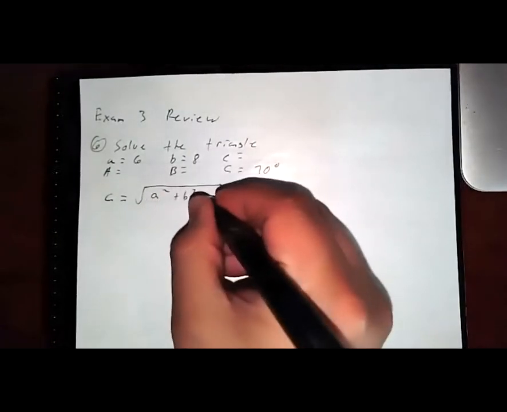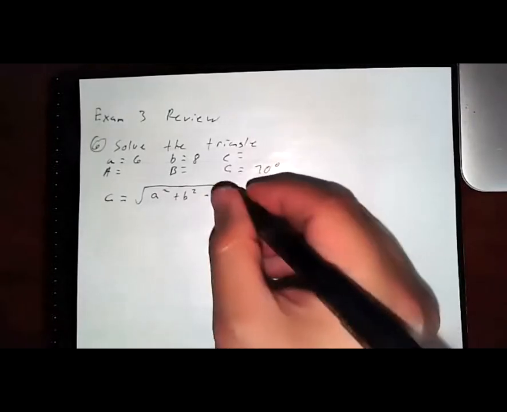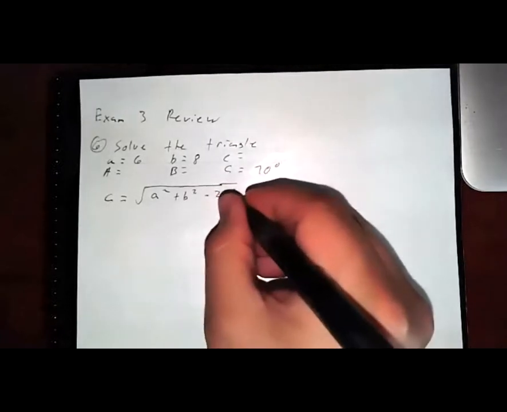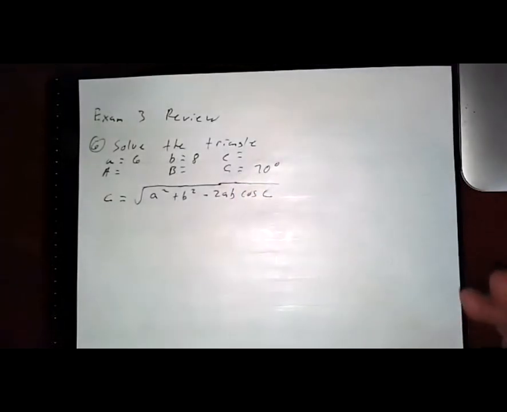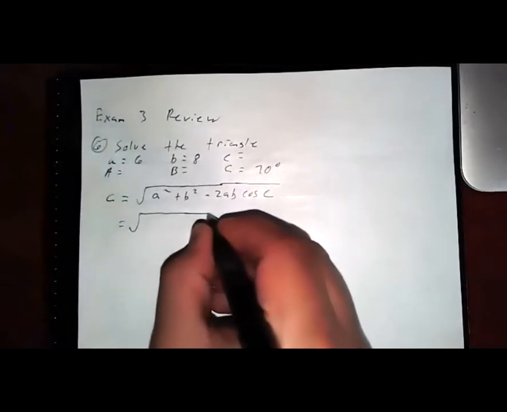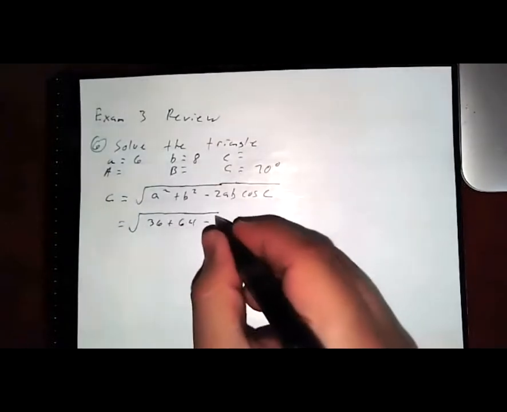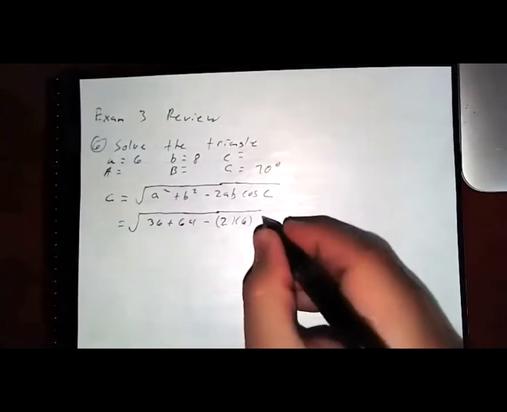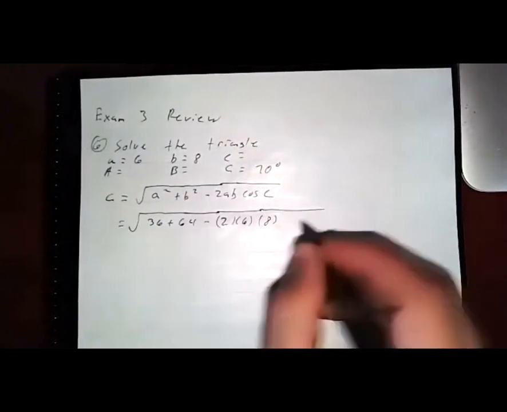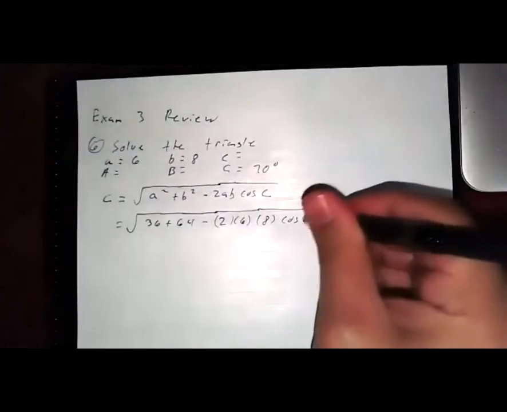So c is equal to the square root of a squared plus b squared minus 2ab cosine of C. That will be the square root of 36 plus 64 minus 2 times 6 times 8 times cosine of C, which is 70, right?